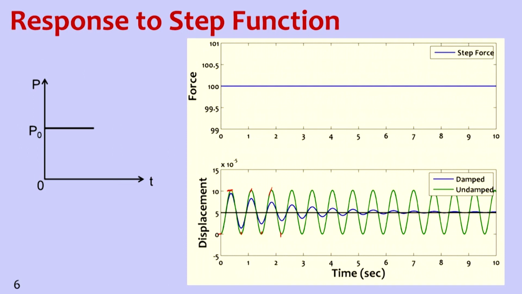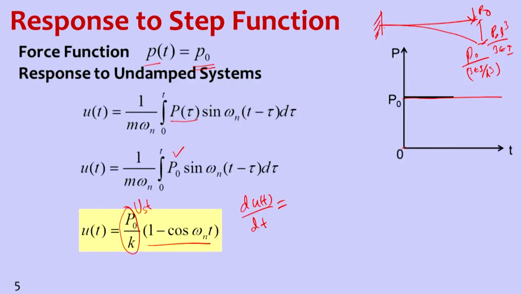If we substitute this value of time at this location, we get 1 minus of minus 1, that means 2. So twice the static deflection is the maximum value of displacement.